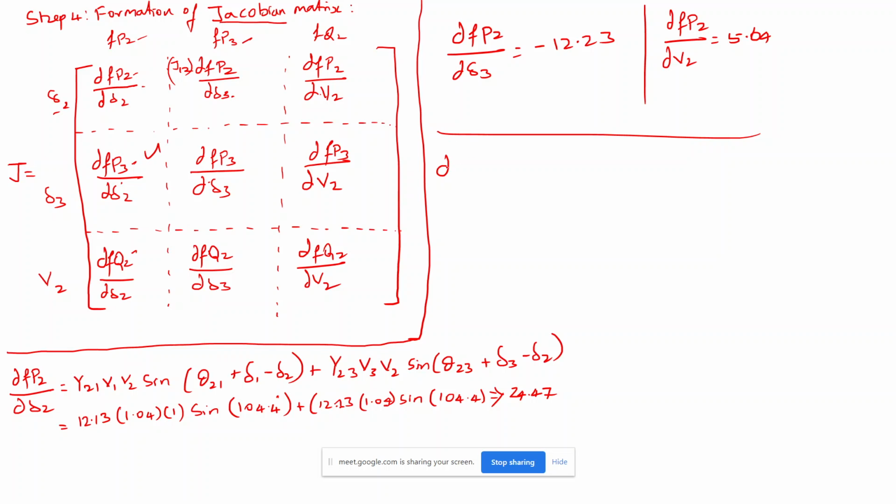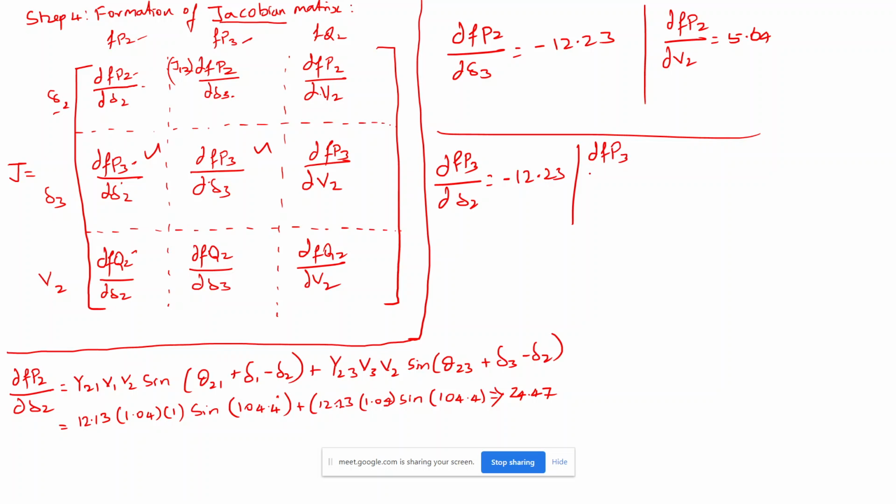Here it is ∂fp3/∂δ2. So this value will be minus 12.23, and then I am going to solve this. Steps are same for all. You can use the same step for all the values.